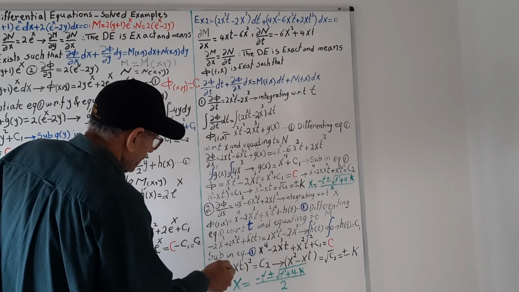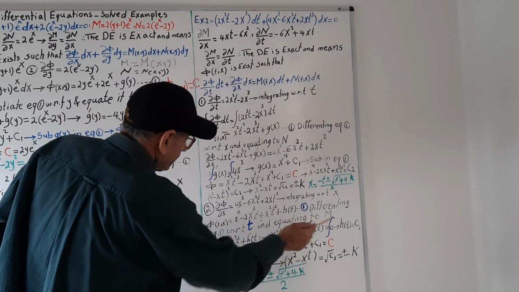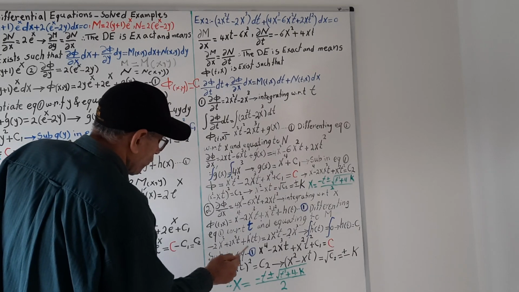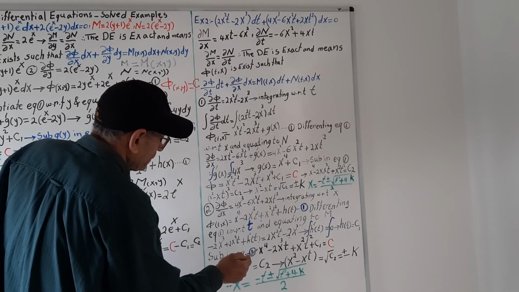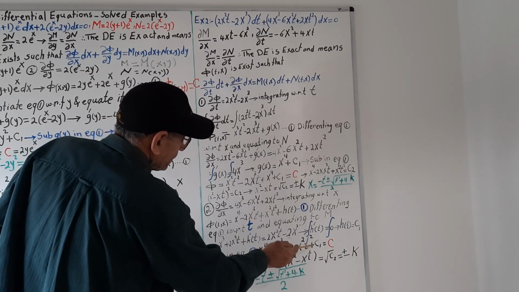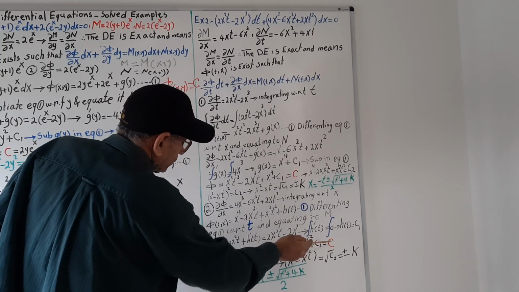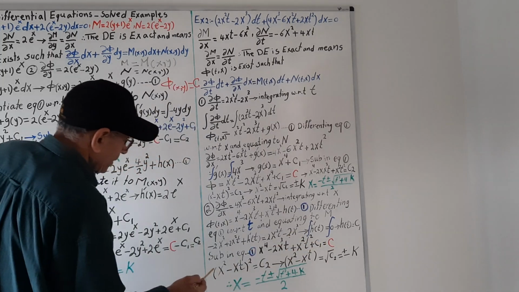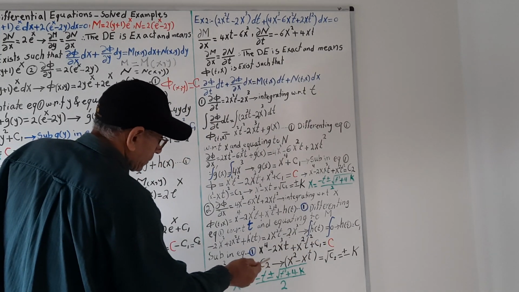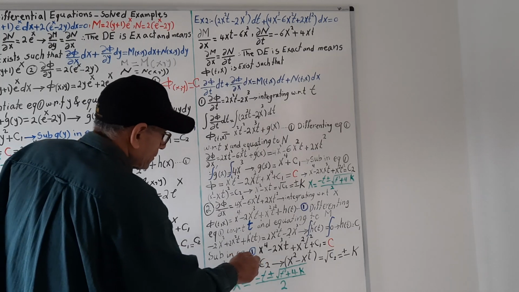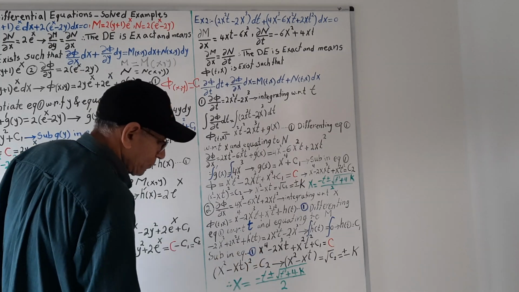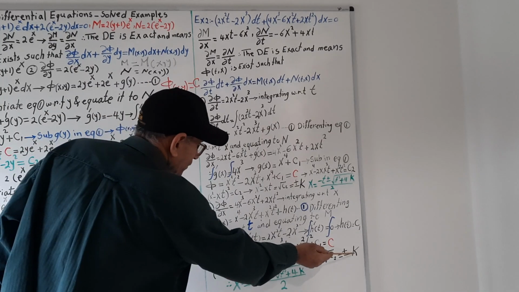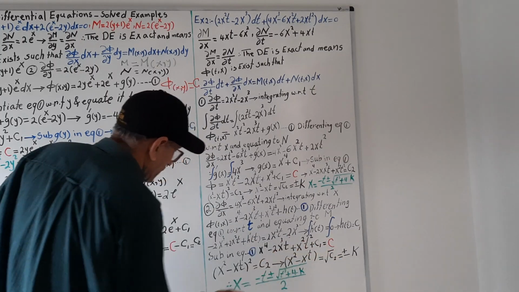And so here, sub in equation 1, and then equal to c, also c2, then the square root of c2 gives us k, plus or minus k.